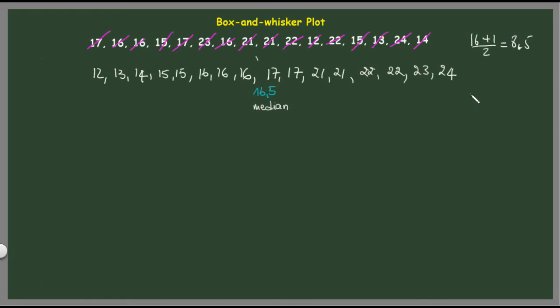So we have 8 plus 1 divided by 2, which is 9 divided by 2, it is 4.5. And on this side, 4.5, 1, 2, 3, 4. It is in between. That number, the middle, will be 21.5.